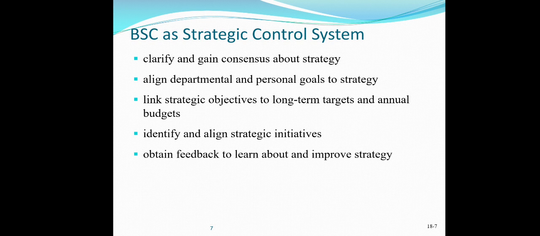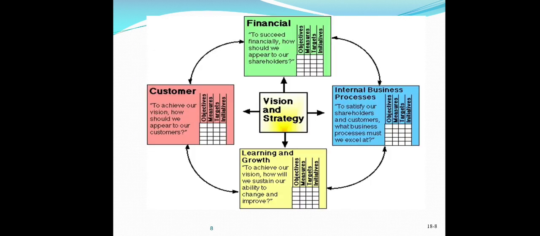In the second perspective, internal business process, maybe it can be measured in terms of productivity. So you can see that the balanced scorecard helps the business not only focus on the financial aspect of performance, but also other aspects that cannot be measured in terms of dollars and cents.